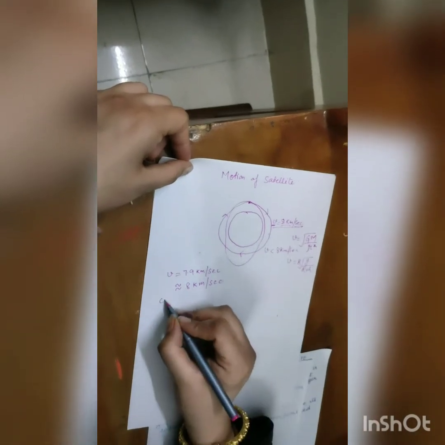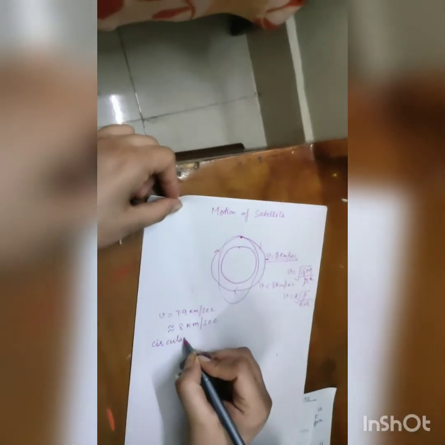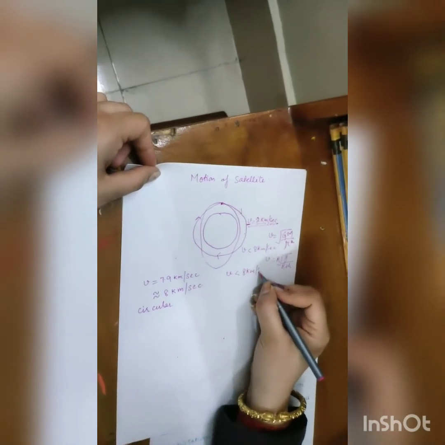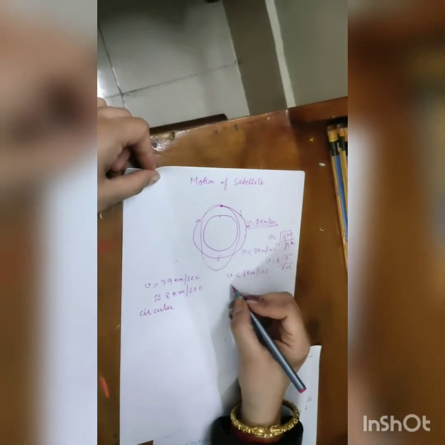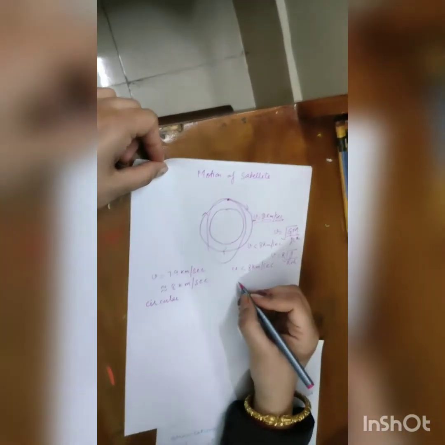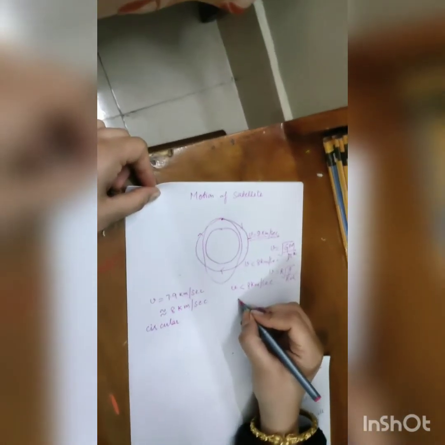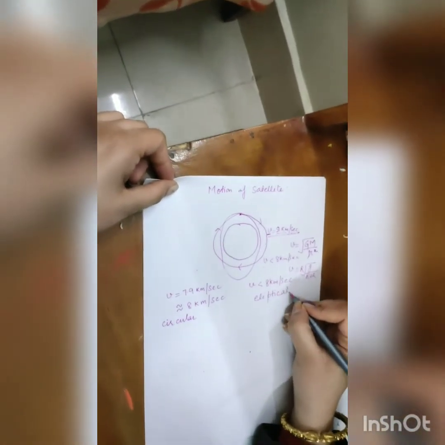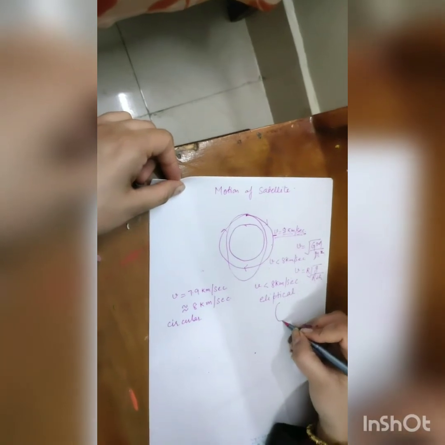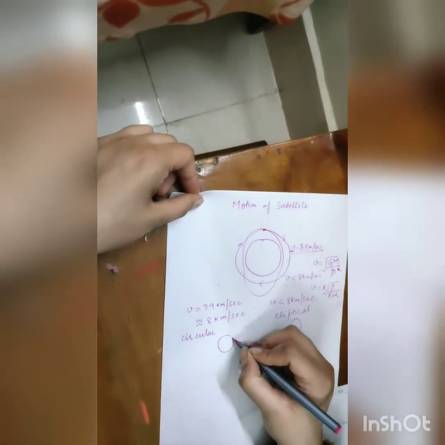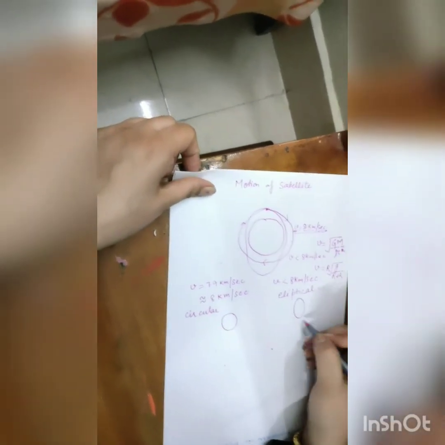In this case, the path will be circular, and if v is less than 8 kilometer per second, then the path with which the satellite will revolve around the Earth is elliptical. So this is the shape of an ellipse, and this is the shape of a circular orbit. So it has to be a closed orbit.